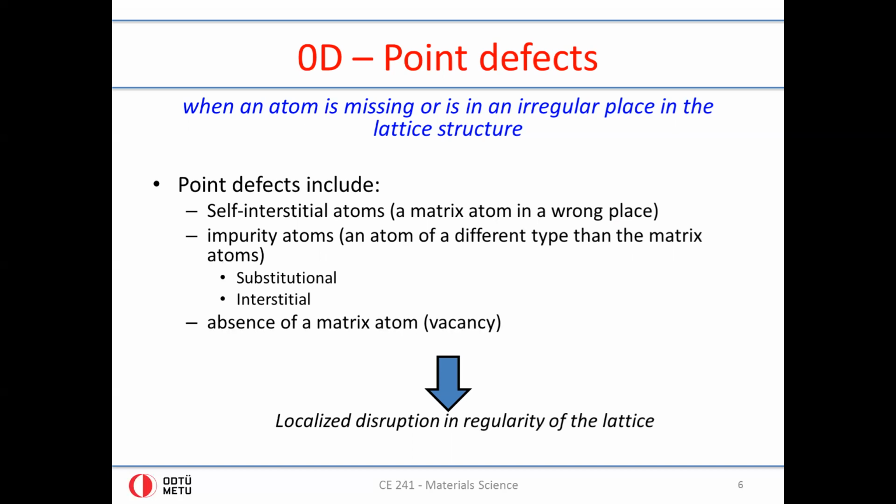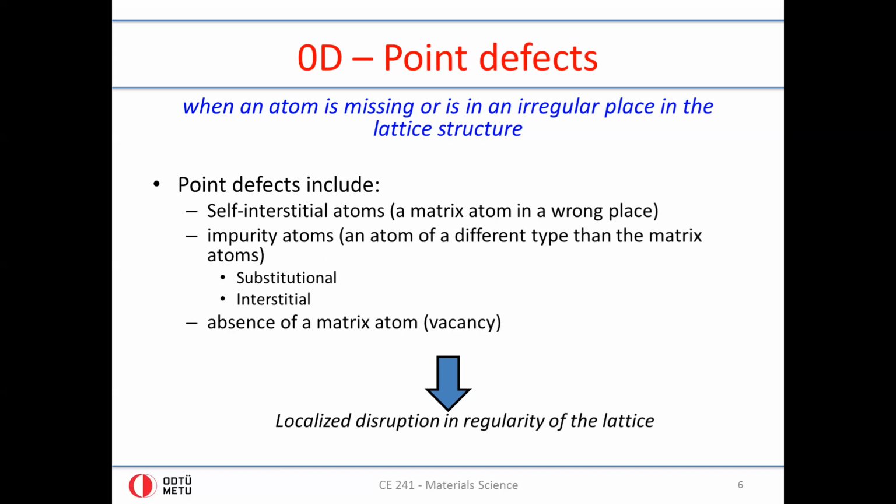So another example of a point defect is an impurity atom. So you have in an iron structure, with a cubic unit cell and atoms placed in particular positions, you suddenly have, in place of one of the iron atoms, some other atom. So this could be an example of an impurity atom.